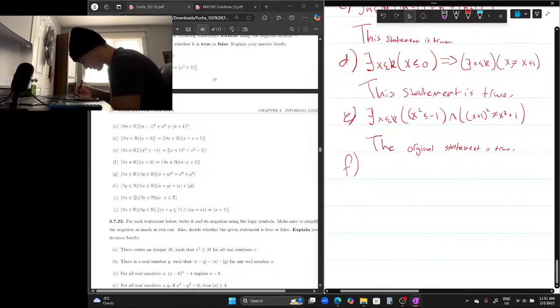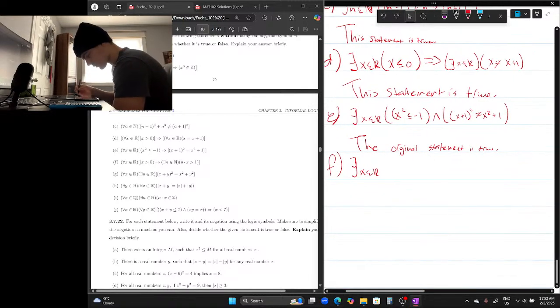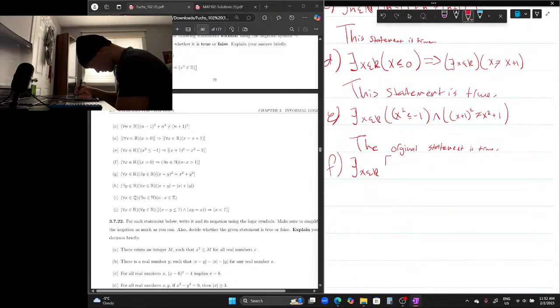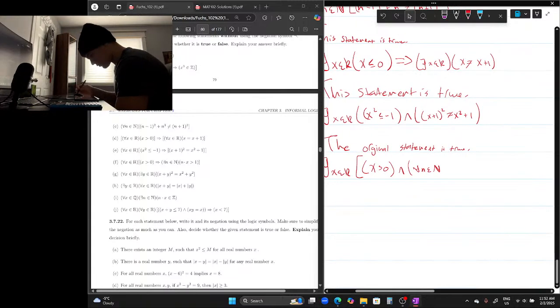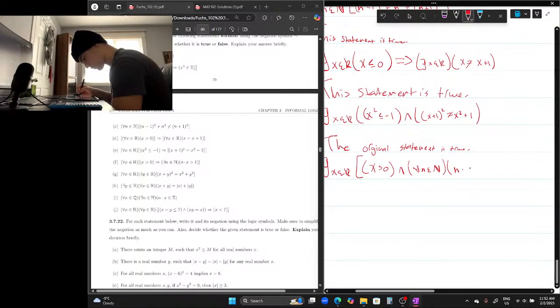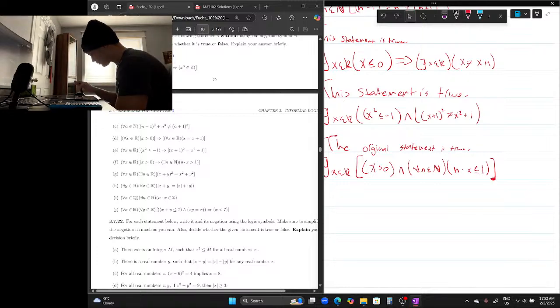F. There exists an x in R such that, so again, this is the entire statement. Okay.